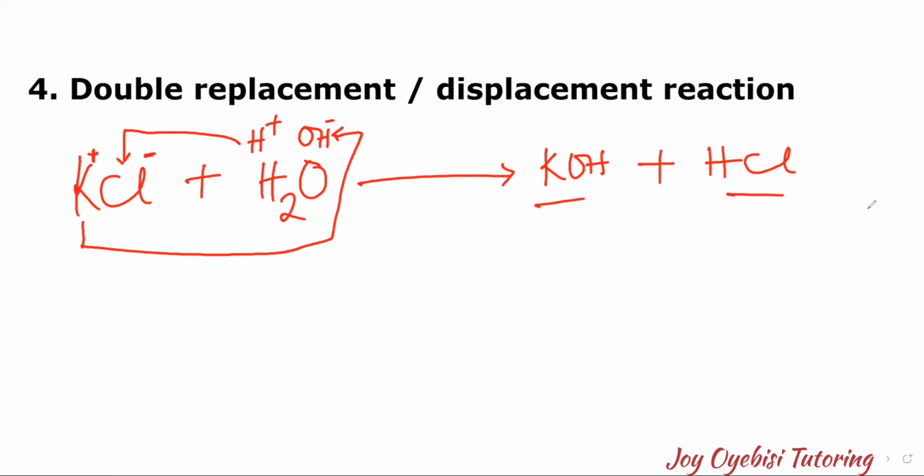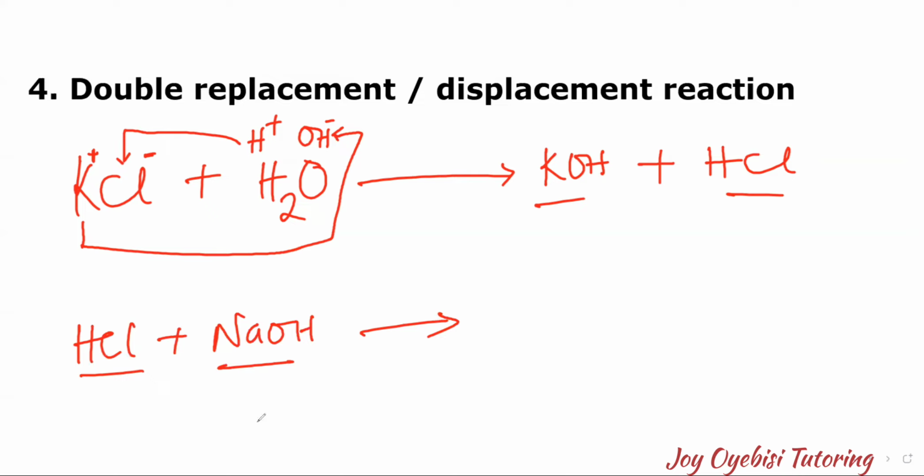Now, this is specific for acid and base, HCl and sodium hydroxide. When an acid reacts with a base and it gives you salt and water, we call that a neutralization reaction. Neutralization reaction is also a double replacement reaction.